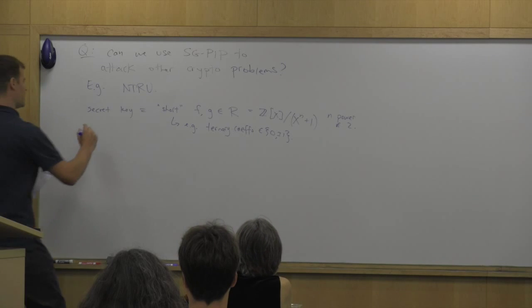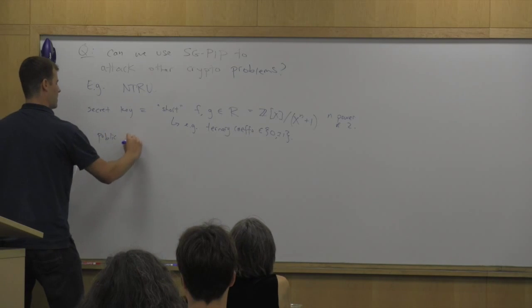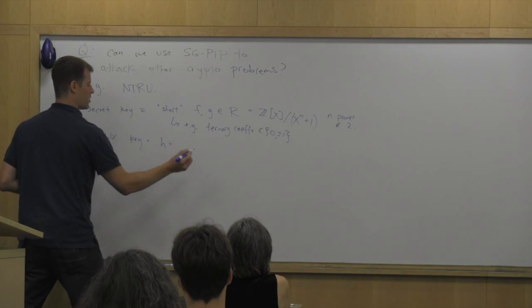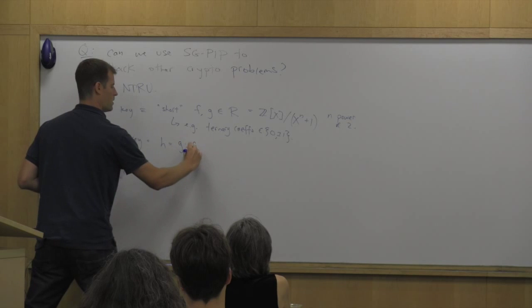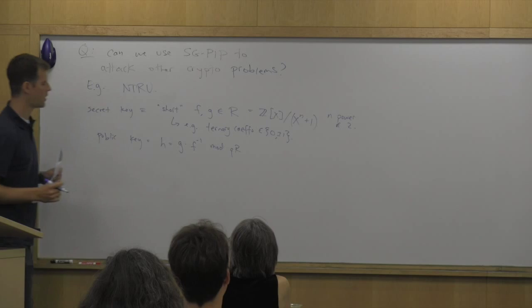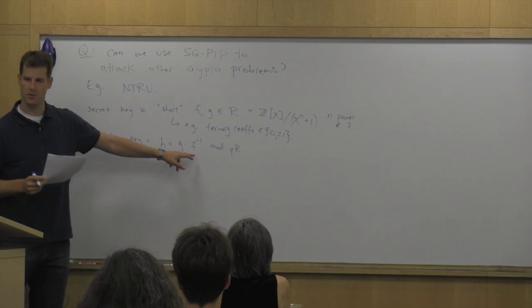Okay, and your public key here is merely some h, where h is g times f inverse mod q. Note f has to be invertible modulo q here.